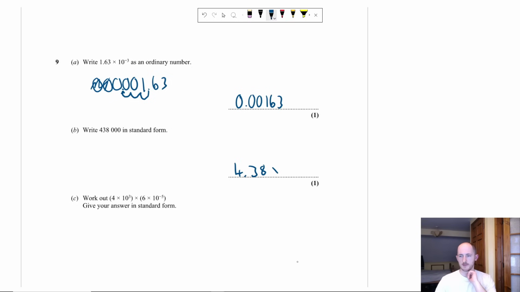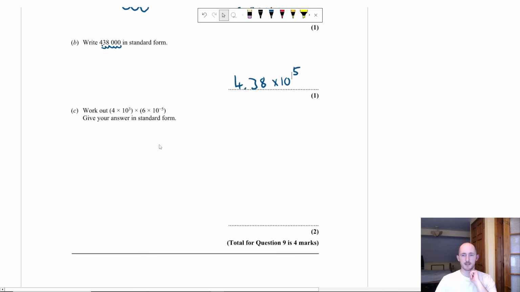Now, all you do is you do times 10, and you work out, if I were to put the decimal point here, how many times to the right would I have to move it? Well, 1, 2, 3, 4, 5, and that becomes your power. Cool.